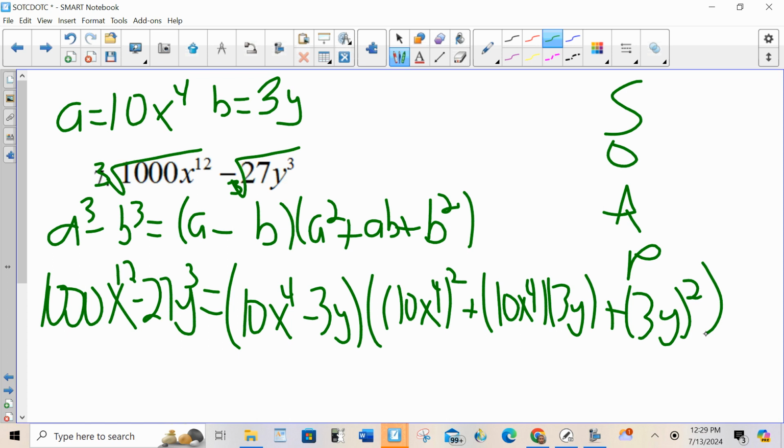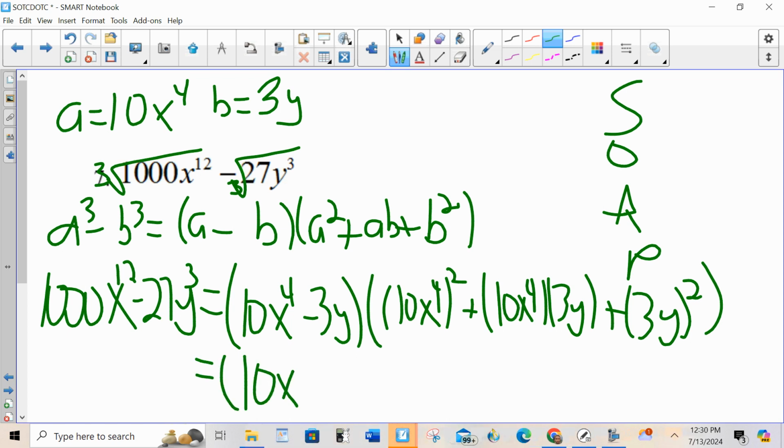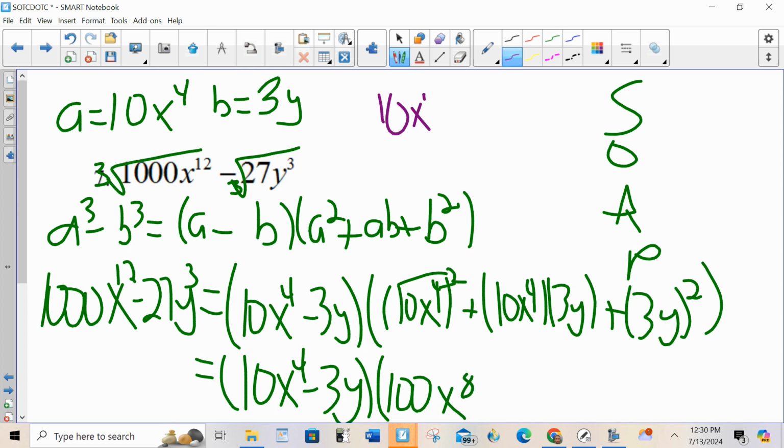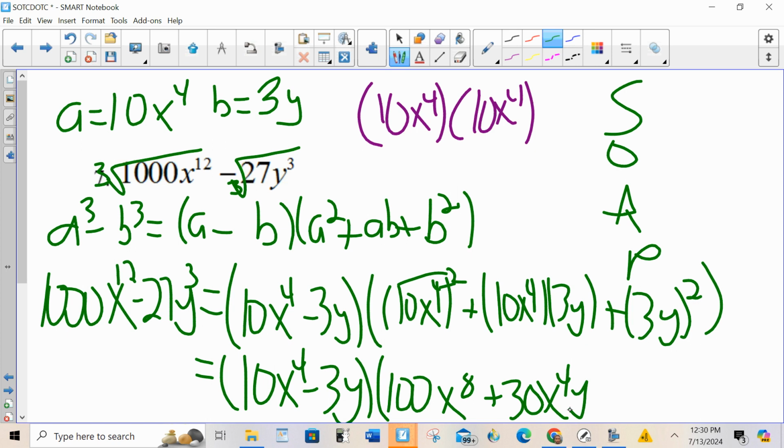And now I'm going to do that multiplication in a separate step. So (10x to the 4th) squared, everything inside gets it. That's 100x to the 8th. You could also think of it as 10x to the 4th times 10x to the 4th to come up with that value. 10x to the 4th times 3y is 30x to the 4th y. (3y) squared is 3y times 3y, or you can think of it as everything inside gets it.